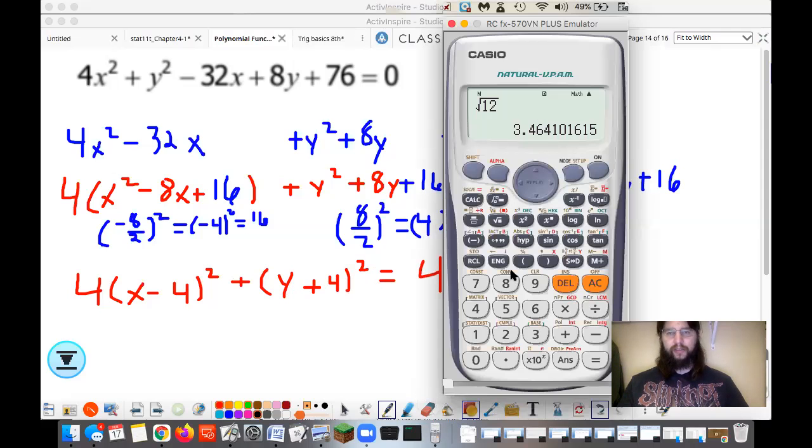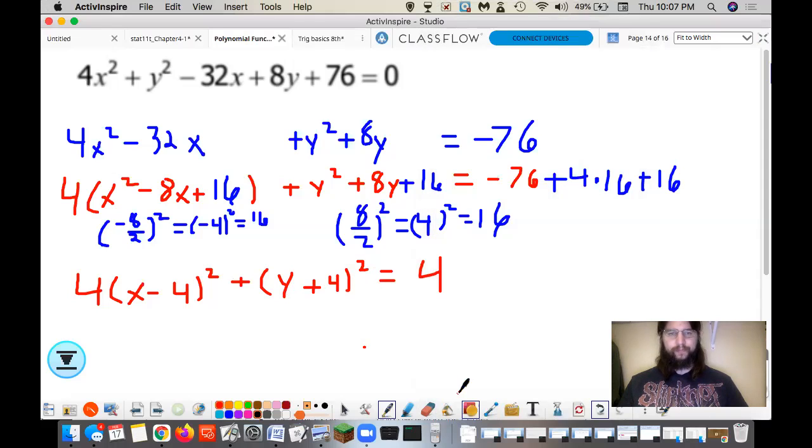Or you can use a calculator. Okay, we're ready to almost start. Divide everybody by this number right here, which is 4. Just happens to be that number 2, but we don't care.